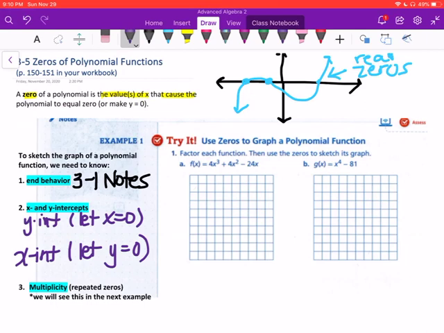So on example 1a, let's look at the graph and come up with a sketch. So a is f of x equals 4x cubed plus 4x squared minus 24x. The first thing we need to do is figure out the end behavior.